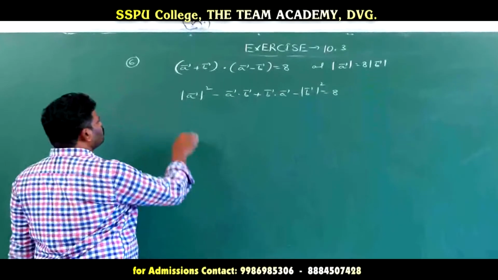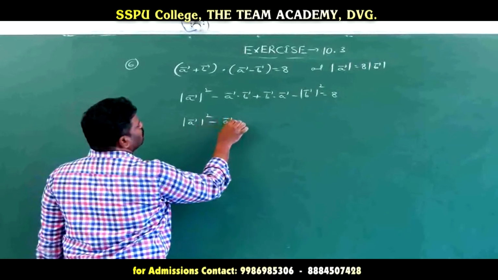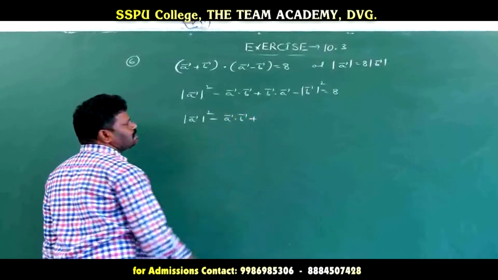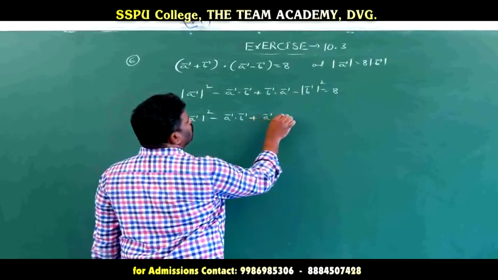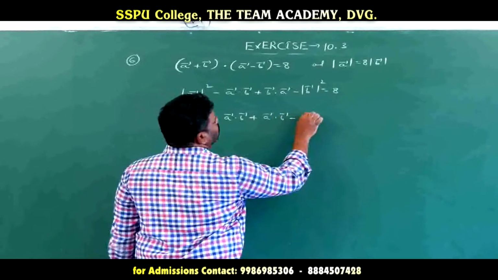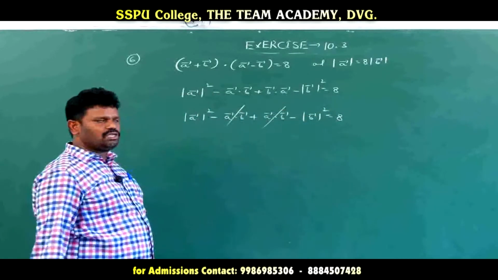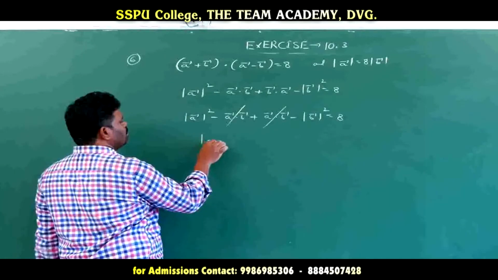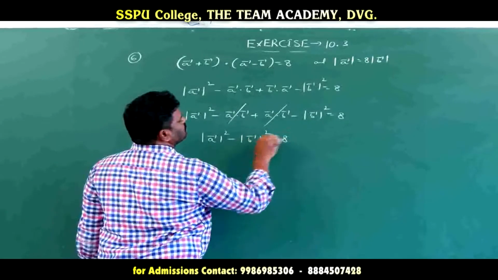Now the next step: magnitude of a bar square minus a bar dot b bar plus b bar dot a bar, by the commutative property that means a bar dot b bar, minus magnitude of b bar square is equal to 8. So these two cancel. Then magnitude of a bar square minus magnitude of b bar square is equal to 8.